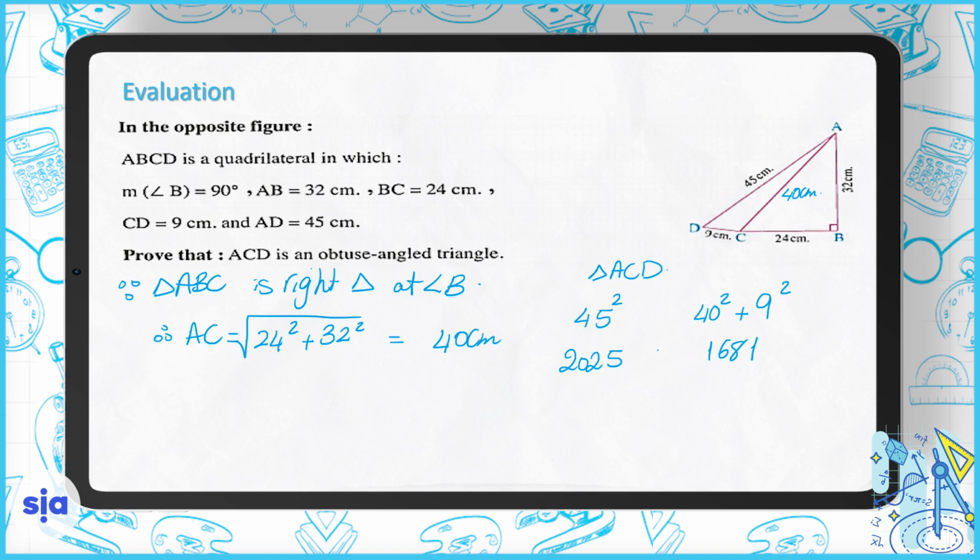As long as 2025 is greater than 1681, this tells us that AD squared is greater than AC squared plus CD squared. So therefore, triangle ACD is an obtuse triangle at angle C.